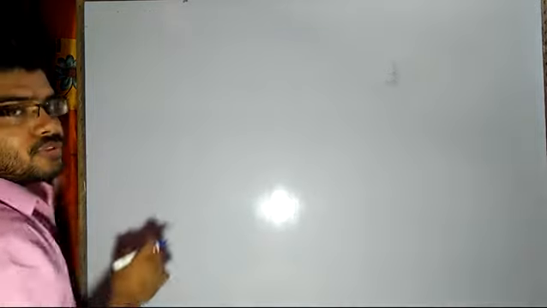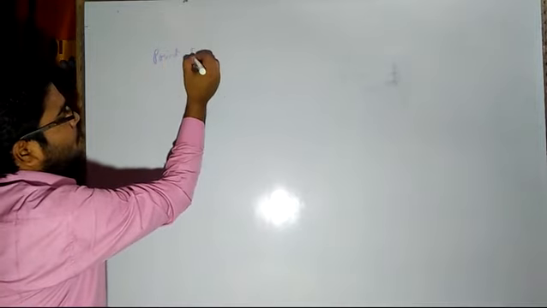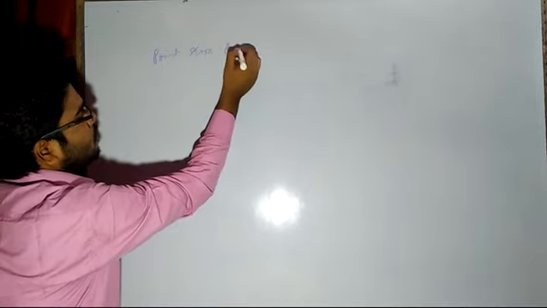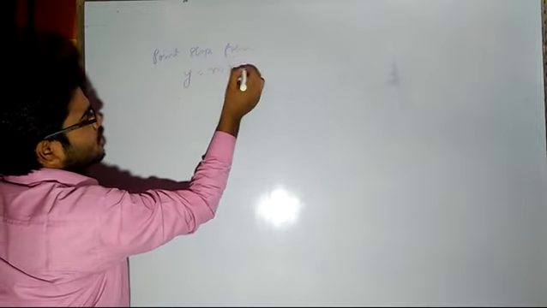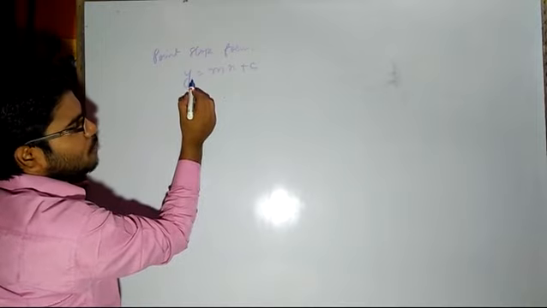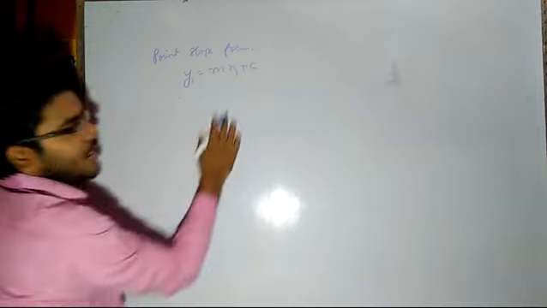Now in case of the point slope form, which I have discussed right now, I wrote y is equal to mx plus c, right? Actually I was supposed to write y1 here, and here I was supposed to write x1.